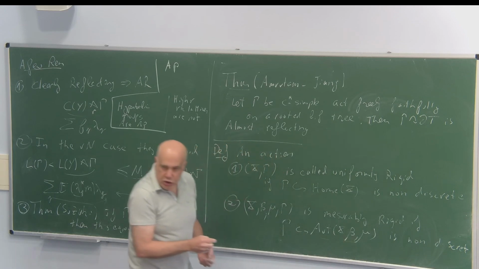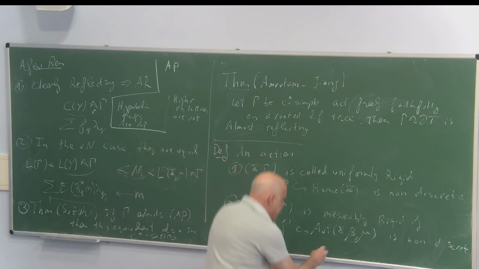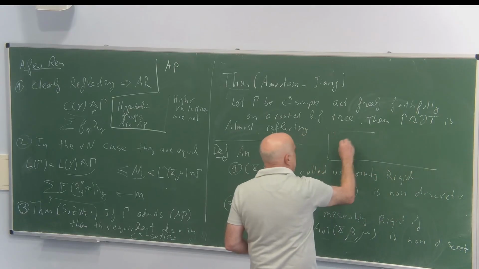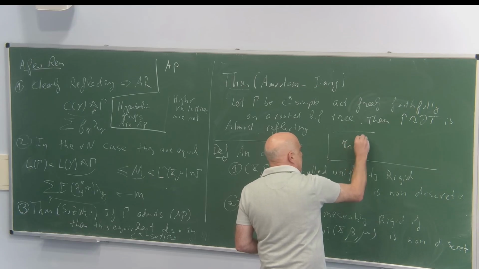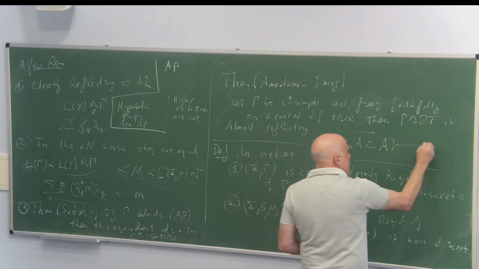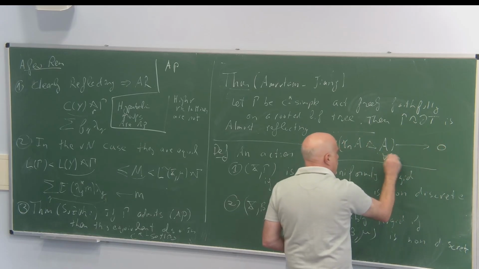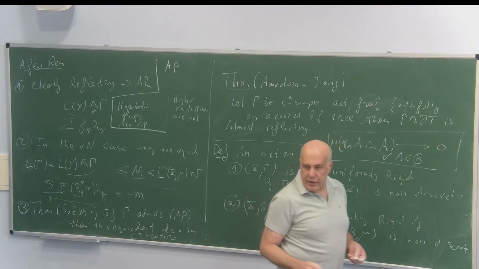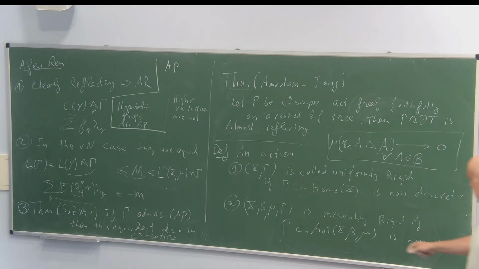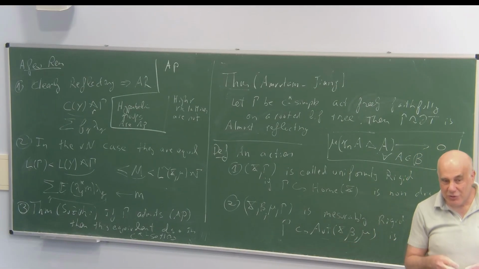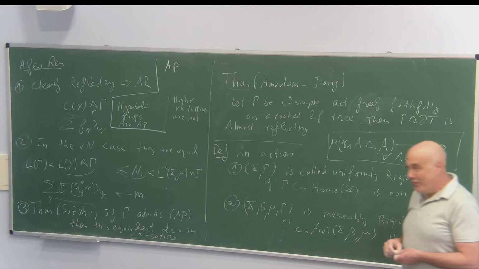The Polish topology that I'm referring to here means that I have gamma n A converging to A for every measurable set. Okay, this is the nice topology on the group of all measure preserving automorphisms, the one that Francois was not mentioning.